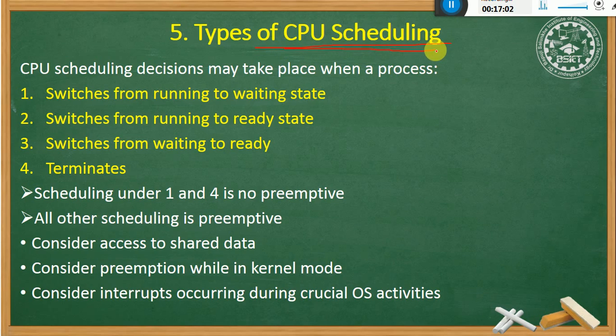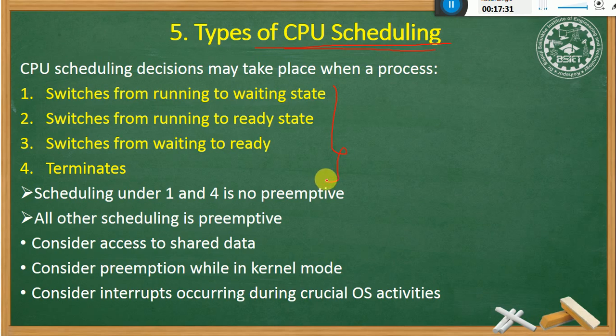To understand this concept, your process state diagram must be clear. I will repeat that the process state diagram and context switching concepts must be clear. Then you can easily understand CPU scheduling.